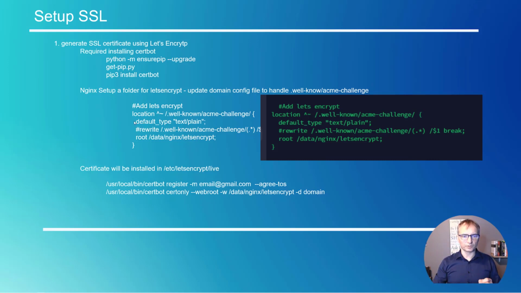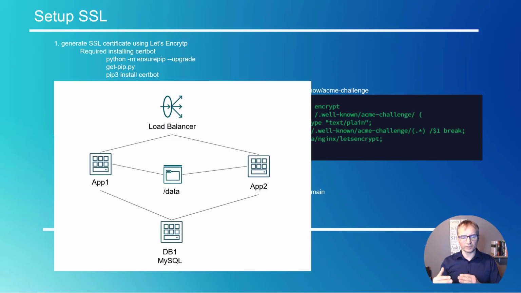In the configuration for that domain, I'm adding this section where if a request comes with that .well-known ACME challenge, then it will be redirected to the data Nginx Let's Encrypt folder, and there will be the folder structure for that request.